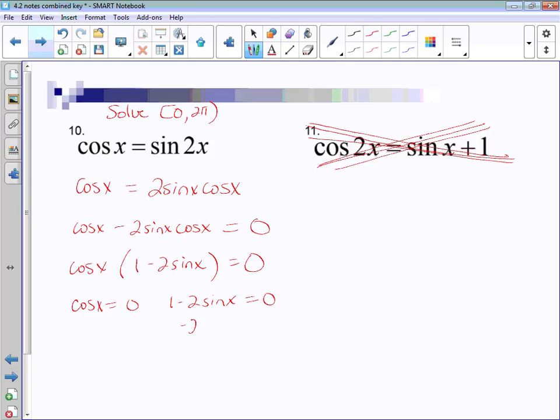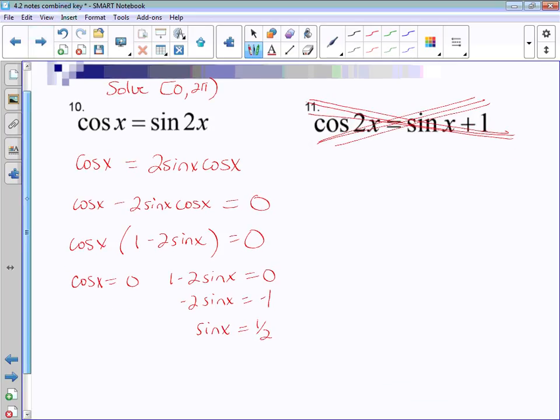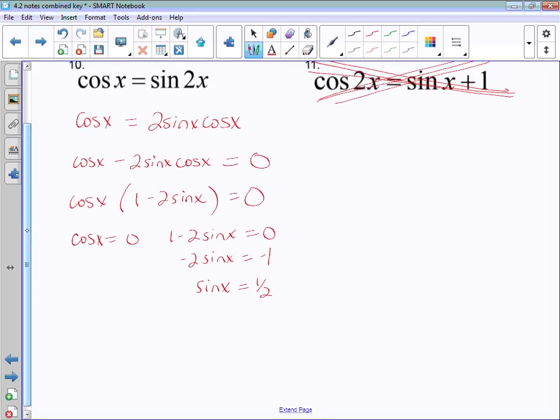For this one, I'd have to subtract my 1 and then divide by negative 2. So I'm trying to figure out when does cosine equal 0 and when does sine equal a half. So when does cosine equal 0? Pi over 2 and 3 pi over 2.